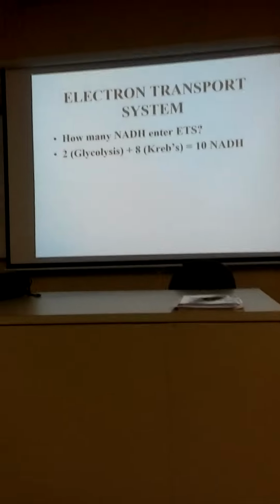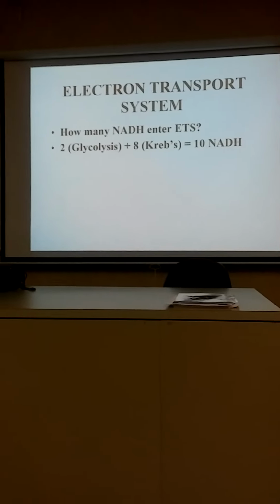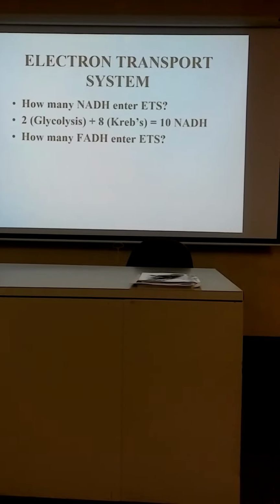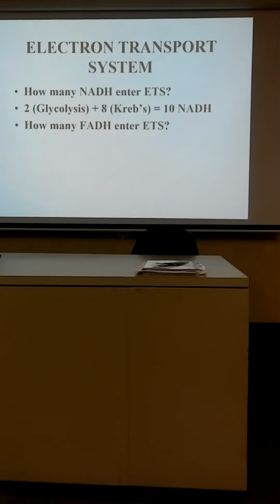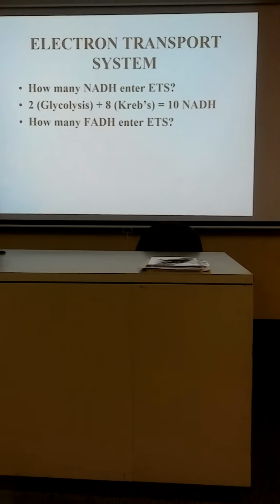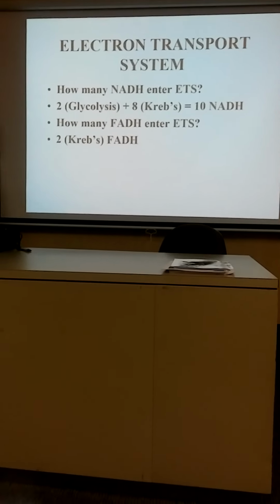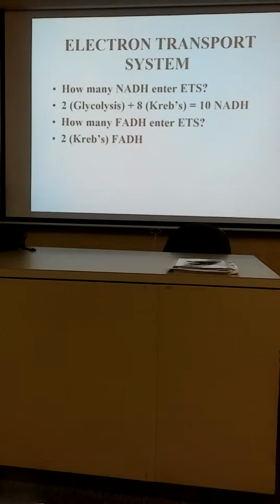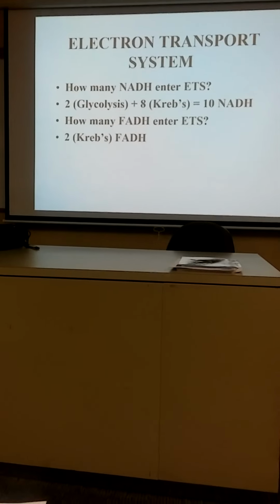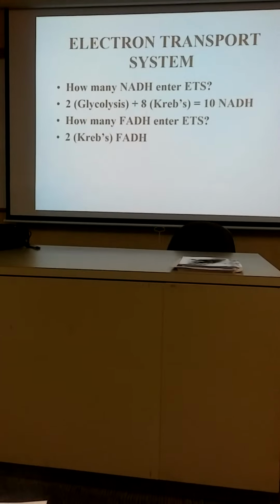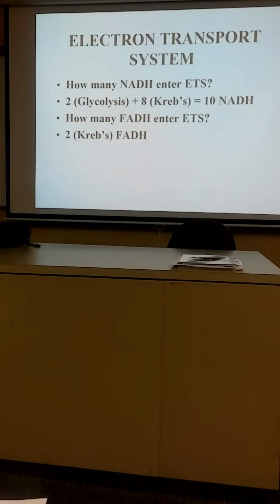How many of those do we have available? We have 10 NADH to go into electron transport. How much ATP am I going to be able to generate from those 10 NADHs? 3.